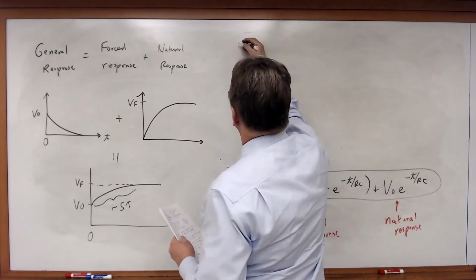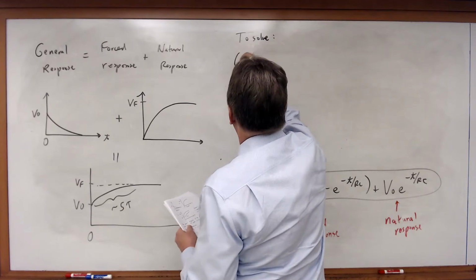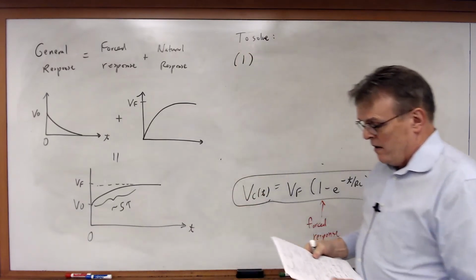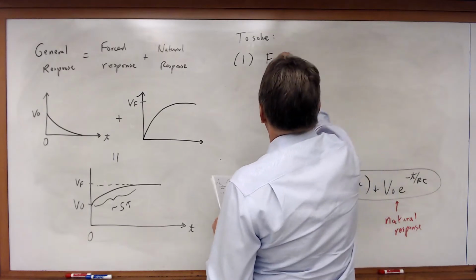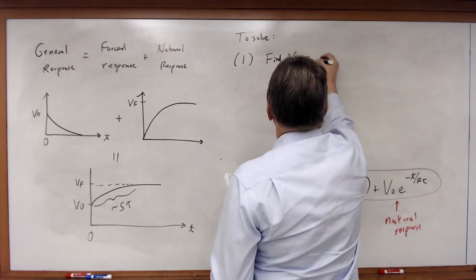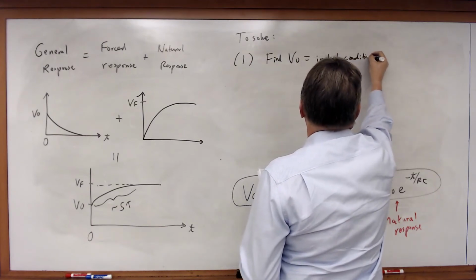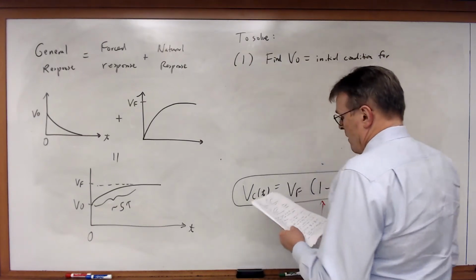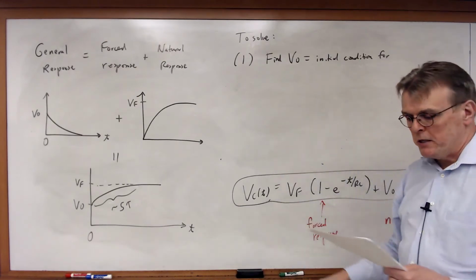So to solve the general response, first of all, we need to find V0, which is the initial condition for t less than 0, prior to the switching event.